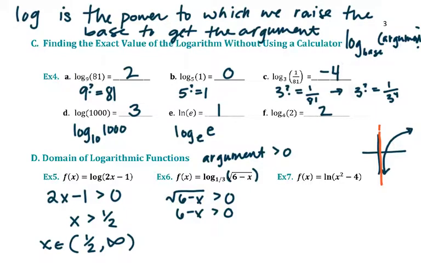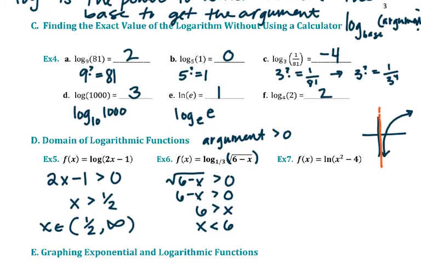Add the x, either way, I'm going to say 6 is greater than x, which is the same as x is less than 6. So writing that in interval notation, x is in the set from negative infinity to 6.